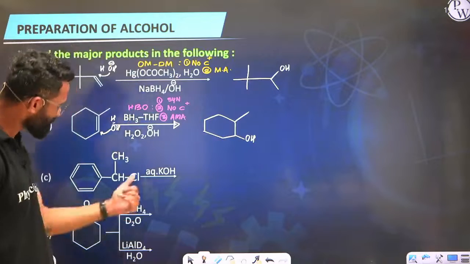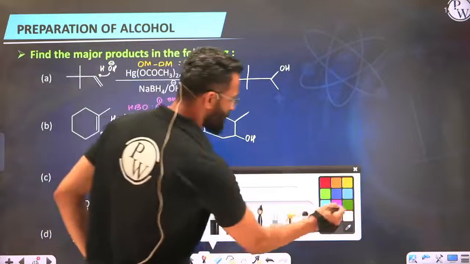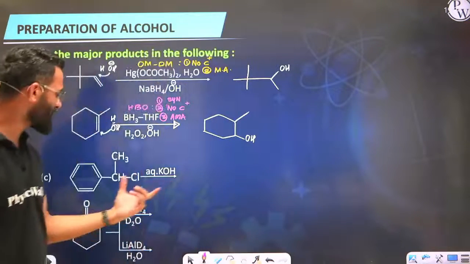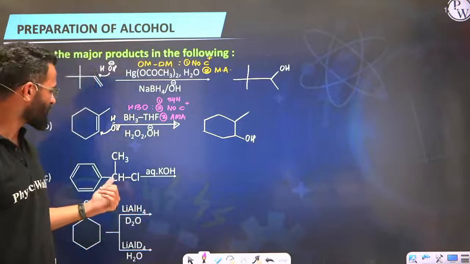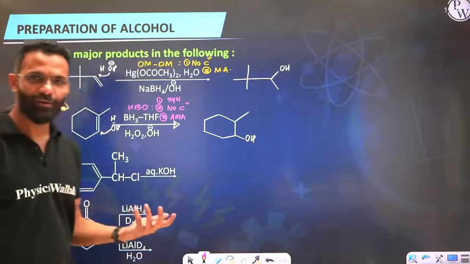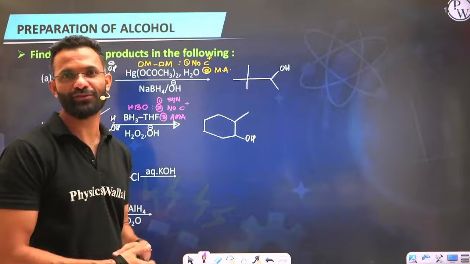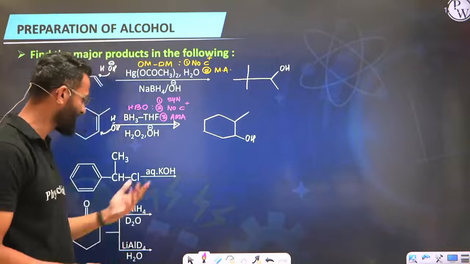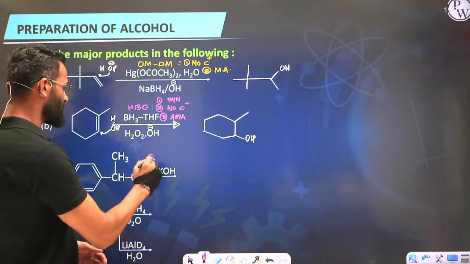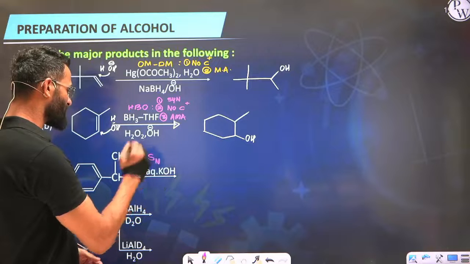Aqueous KOH. Well, today we saw how alkaline hydrolysis of alkyl halide results in the formation of a product. So we have got a secondary benzylic halide. Well, when we studied nucleophilic substitution, we saw how SN1 and SN2 both are favorable for allylic and benzylic halide. And aqueous KOH, so this is certainly a nucleophilic substitution reaction.